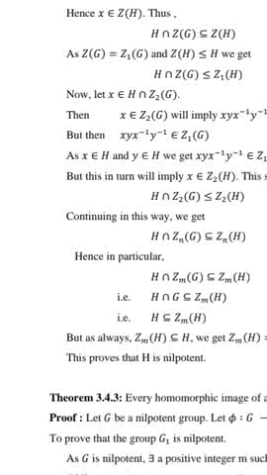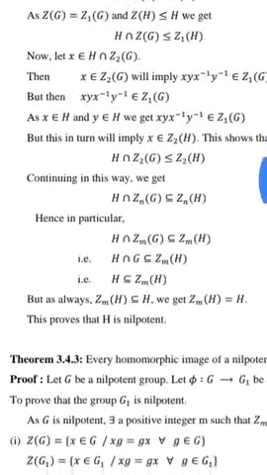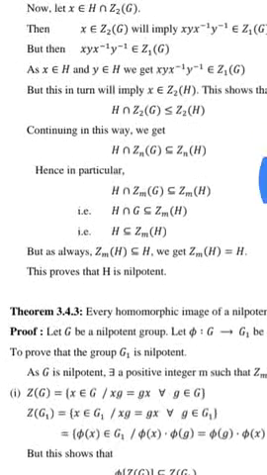H intersection Z_n(G) is a subset of Z_n(H), and hence particularly H intersection Z_m(G) is a subset of Z_m(H), and H intersection G is a subset of Z_m(H), and H intersection H is a subset of Z_m(H).